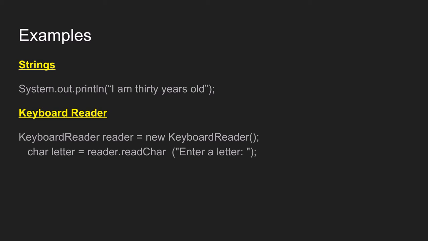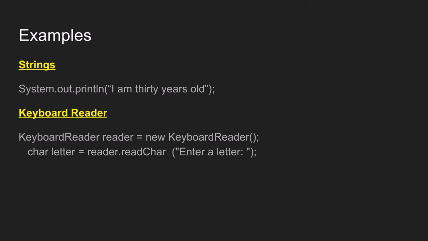Instead of doing system.out.println, you can directly put inside the parameters whatever string you want. So in this case it's "enter a letter," and then this is really important. For characters you would do reader.read.